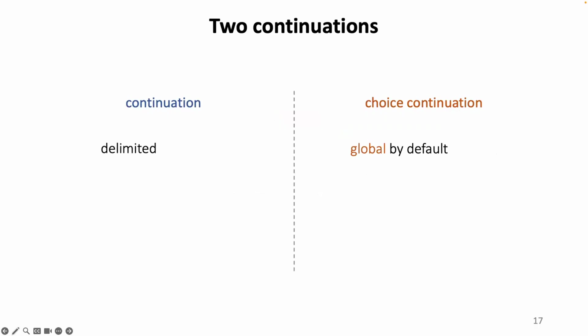And we also have the choice continuation, that L, which is global by default because it calculates how the loss affects the rest of the whole program. But of course, we have also provided additional language constructs that can help you delimit the scope of choice continuation if you want. So we actually have a more general setting where the continuation is global by default, but can be delimited if you want.